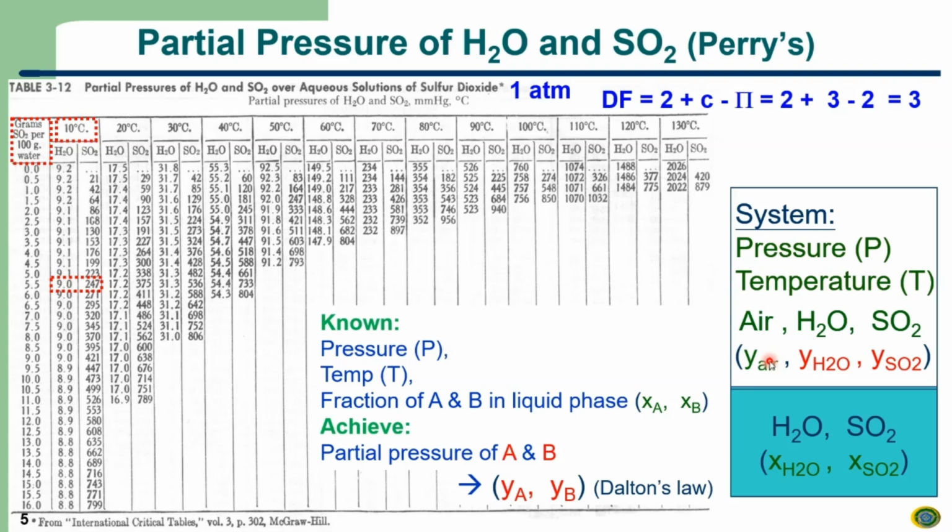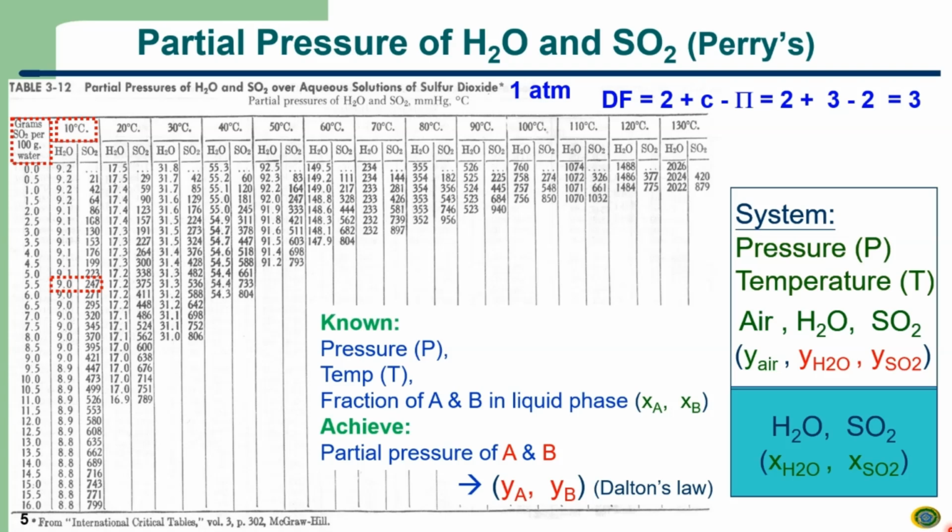You might say, well, Professor, I still don't know. If I know the partial pressure, I still don't know the molar fraction of A and B in the gas phase. Of course you know. Why? Dalton's law, right? Because you know the partial pressure and you know the total pressure, and the molar fraction times total pressure equals the partial pressure. This is Dalton's law.